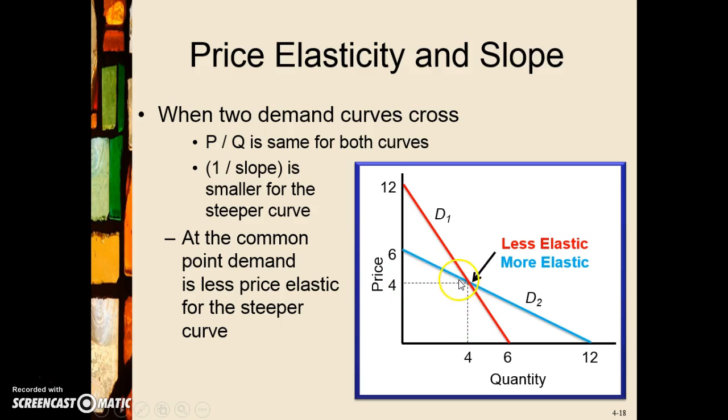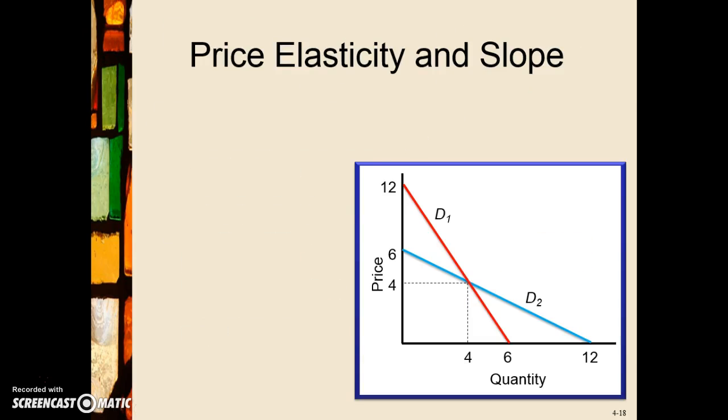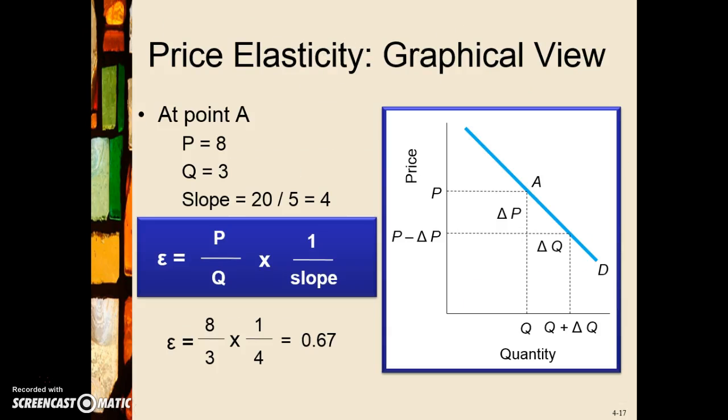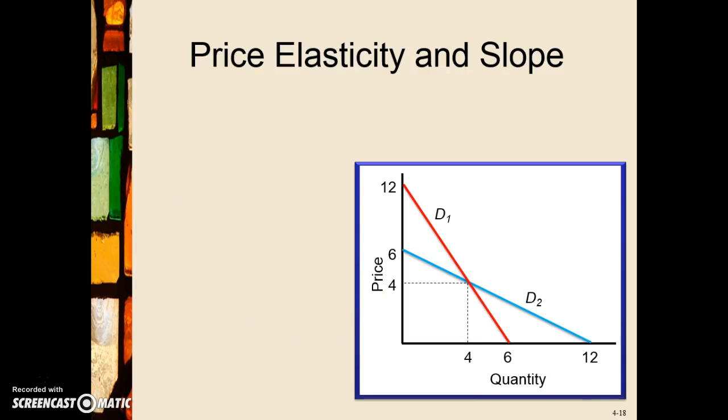The P over Q part of the formula is 4 over 4, which is 1. The slope of D1 is 2, which is 12 over 6. So 1 over the slope is 1/2. So 4 over 4, or 1, times 1/2 is 1/2. The price elasticity of demand on D1 at this point is 1/2.